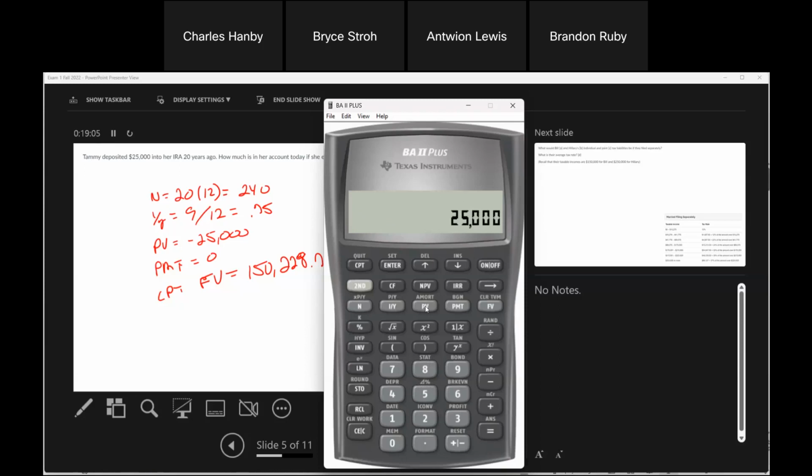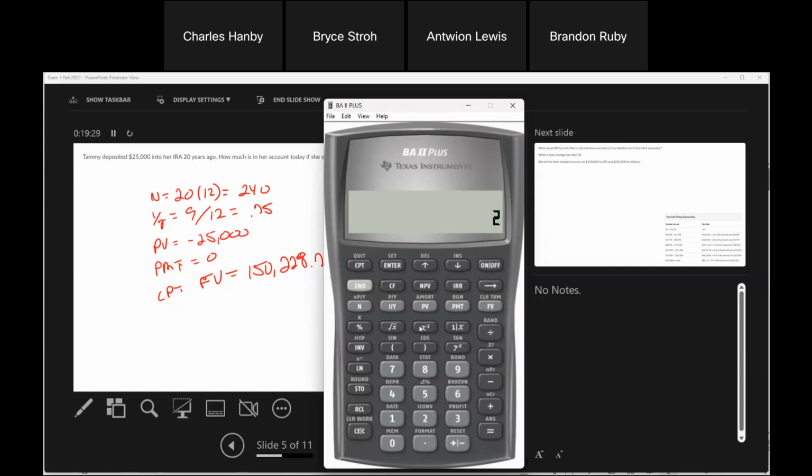I'm going to enter this as a positive just to show you that you'll get the correct answer. It'll just come out as a negative. Compute future value. In order for the calculator to work, it needs to have that negative number on one side.